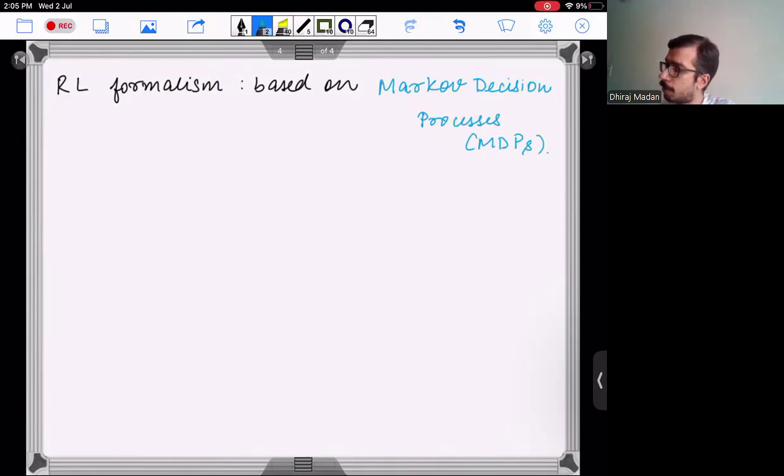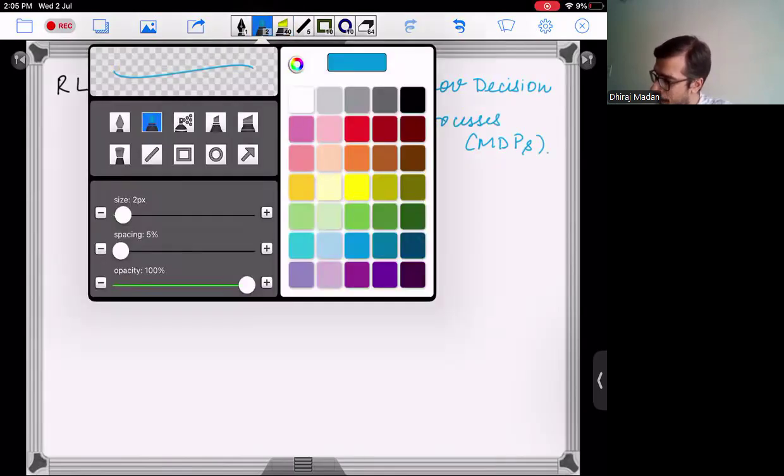To explain this idea of a Markov decision process, we are going to take a very classical example known as grid world. All the RL textbooks use this particular example, and it's quite simple and explains the concepts quite well, so that's why I'm going to borrow that.